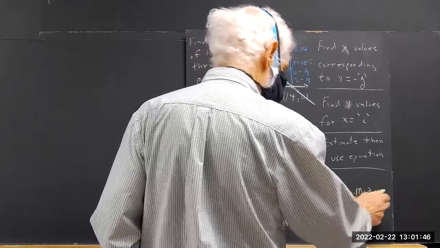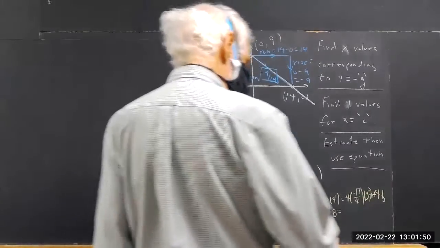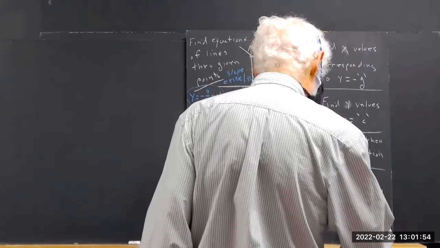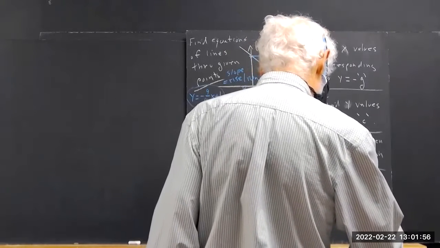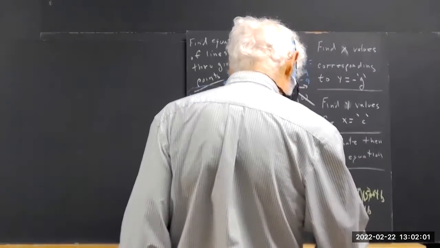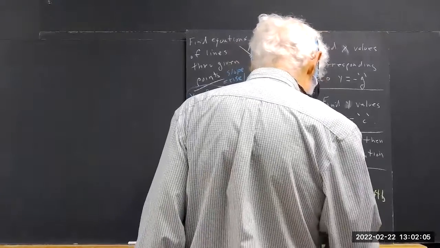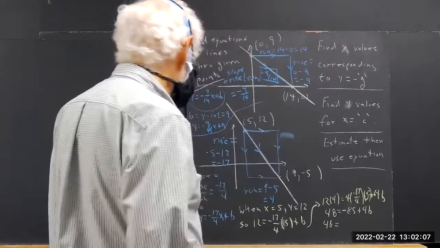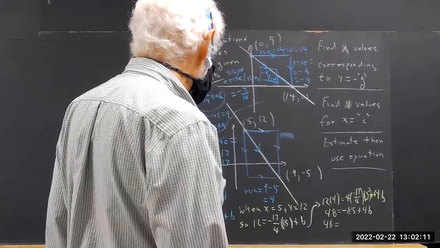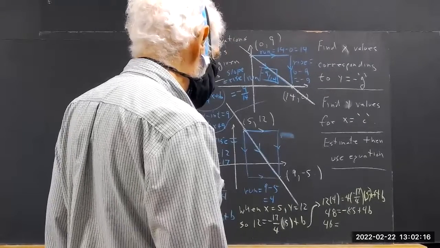Make 17 fourths of 5 plus 4b. It's just what we get here when we multiply both sides by 5. And we get negative 85 plus 4b. So 4b, 48 plus 85, well, that's going to be... a picture can't be that far off. Maybe it is.